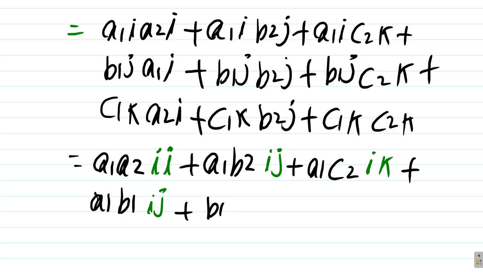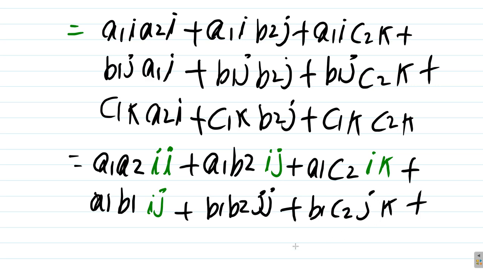Oh no, I messed up that one. B1, B2, JJ, plus, then we have B1, C2, JK, plus, oh, didn't write the JK, another color, JK.